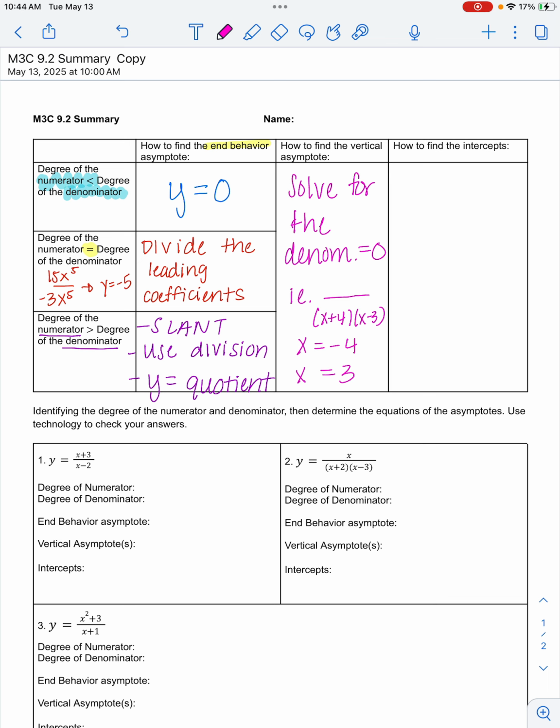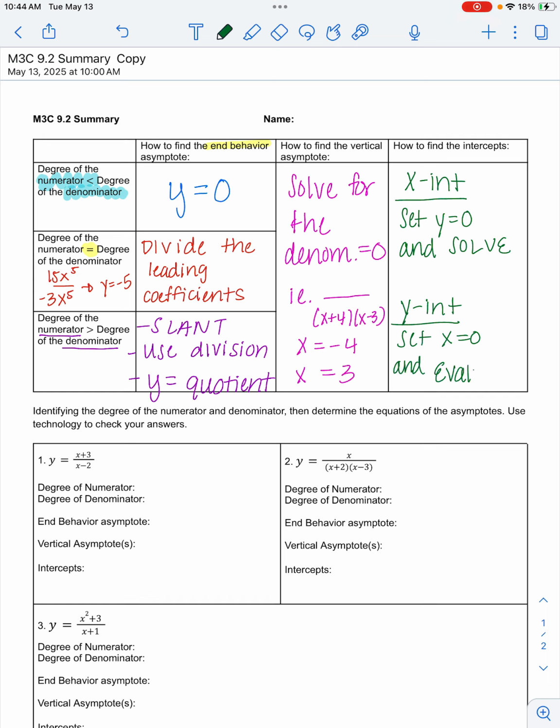And then anytime I need my intercepts, it just is a little different depending if you're looking for x-intercepts. Remember, we set y equals 0, and we solve for x. If we're looking for a y-intercept, we set x equal to 0, and we evaluate. So, if you're able to find all of the pieces of information, you need the asymptotes, both vertical and end behavior.